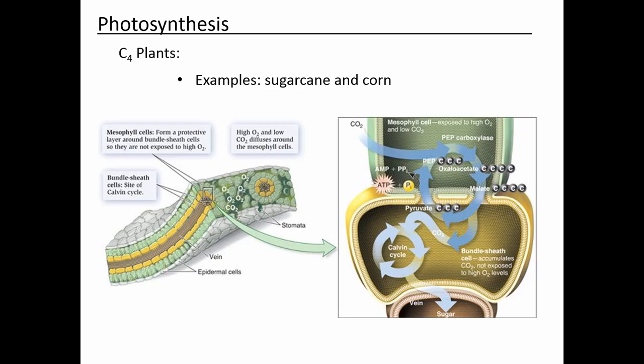But this pathway, in order to incorporate new carbon, uses more ATP compared to C3 plants. So in cool, wet conditions, that's why C3 plants have the advantage, because it takes them less ATP. They don't require as much energy in order to fix carbon as C4 plants do. But that extra energy that is required in C4 plants is going to minimize photorespiration, and that's going to give them an advantage in hot, dry environments.